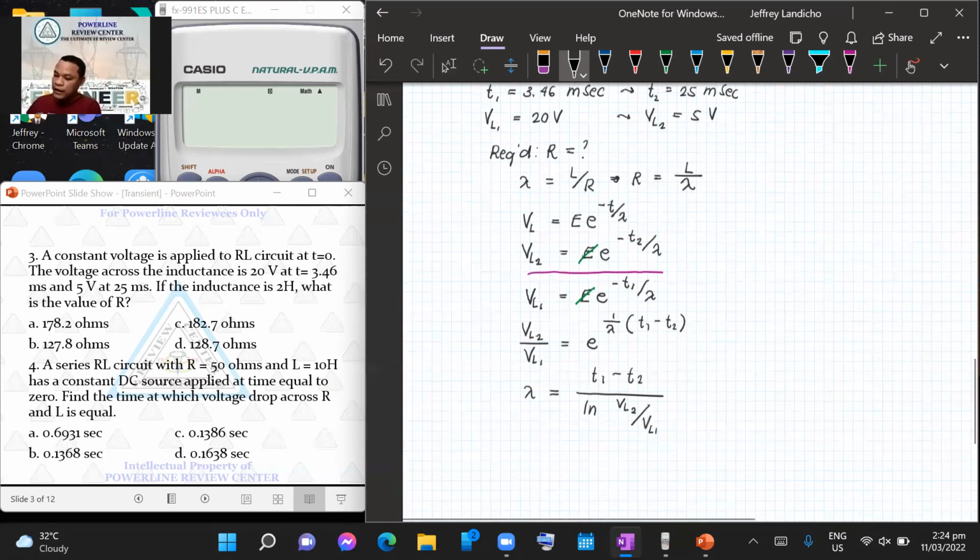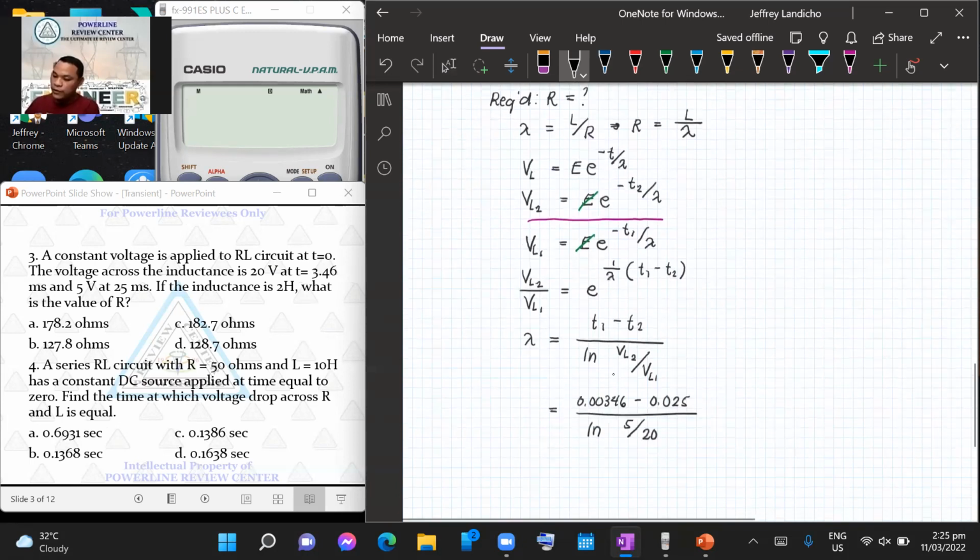So, pwede na natin diretsuhin. Solving for lambda, it should be equal to, ano si t sub 1? 3.46 milliseconds, so 0.00346. Minus t sub 2, 25 milli, 0.025. Ln, VL2 is 5, VL1 is 20.